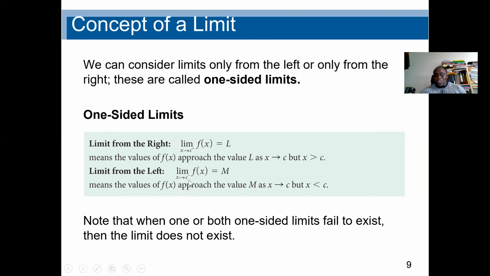The concept of c negative here means the x value should be less than c, because it's coming from the left. When you draw a line, we know the values on our left are lesser than the values on our right. So when the limit is from the right, x becomes bigger. When it's from the left, x becomes lesser.